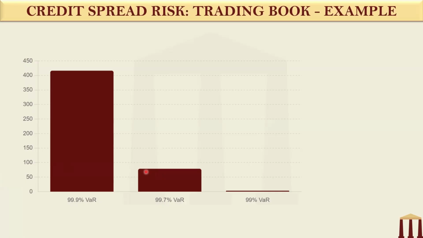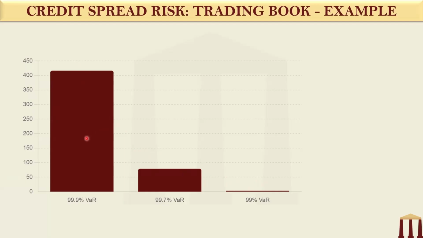And by the time we reach the 99% confidence level, VAR is only about 3 point something dollars, which reflects relatively small losses from spread fluctuations within the same rating category. Okay, so you can see this stark contrast, this dramatic impact across the three bars. It clearly highlights how credit spread VAR is heavily driven by tail risk.